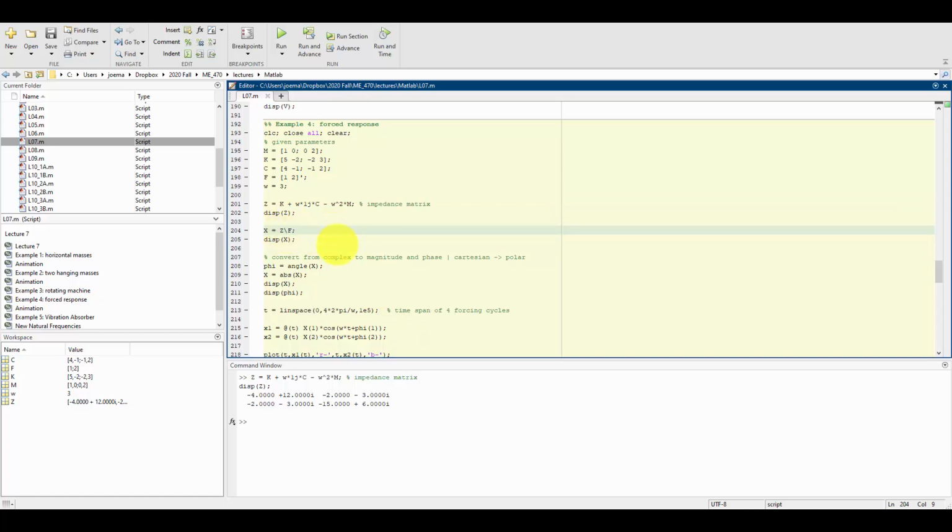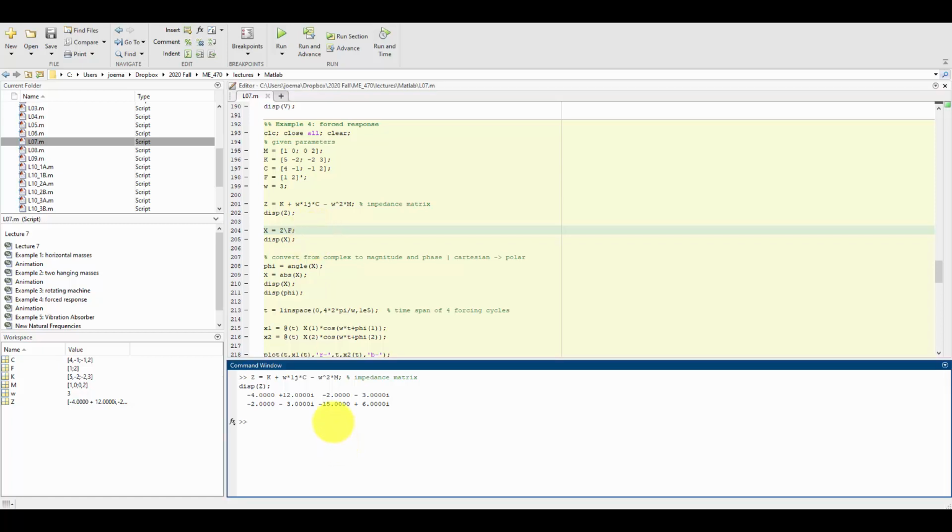So remember, in MATLAB, it's generally faster to, instead of doing something inverse times a vector, use the backslash operator, and that's what I'm doing here. So Z backslash F is essentially going to be the same as Z inverse times F, and I'll show that in a moment. It's just that MATLAB will generally do a backslash faster than it will do an actual inversion of the matrix.